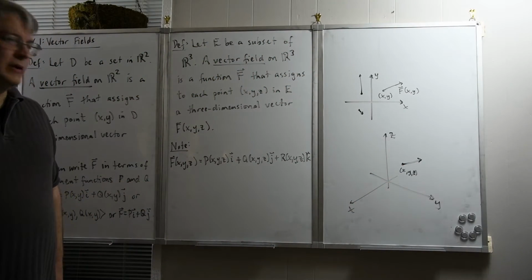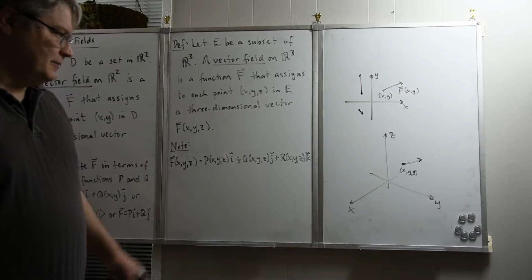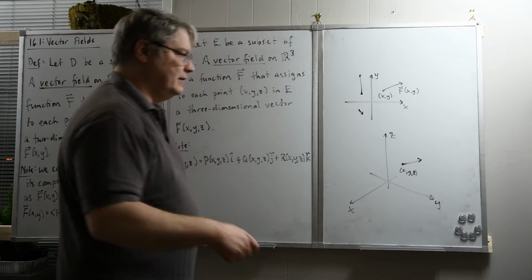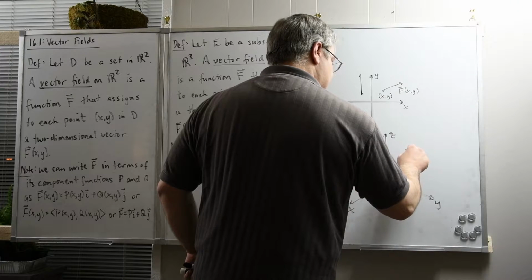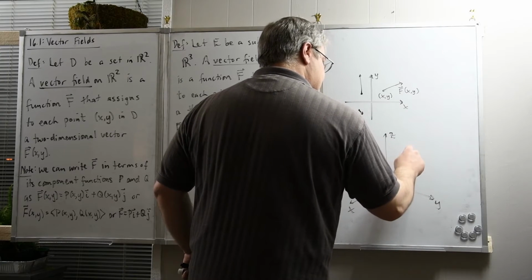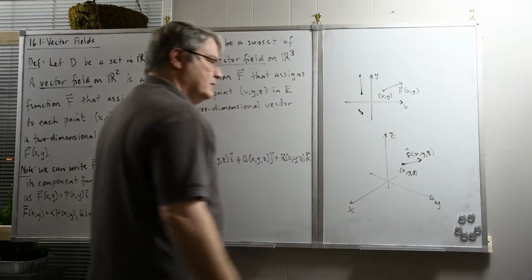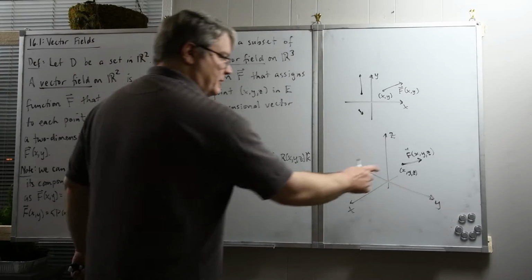Of course, going like this is a little bit of a mystery when you don't have much perspective here. But the idea is that you would plug your point x, y, z into the function F, and that would give you some sort of vector F of x, y, z, which you would draw so that the initial point was at x, y, z.